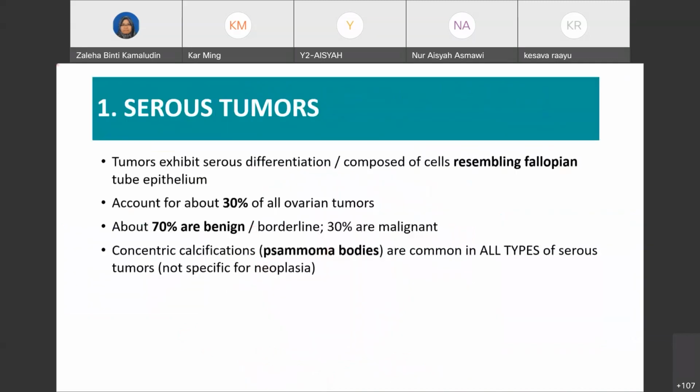All right, about serous tumors, let's look at them one by one.